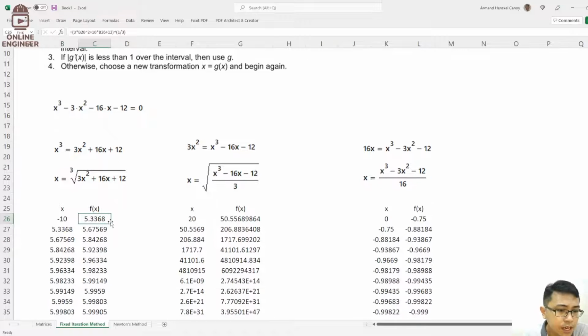And then basically, this value here is simply equal to this value. Okay? And then what I'm going to do is simply autofill. So extend your cursor over to this right corner and then scroll down. All right? So it will now give you another value for f of x.